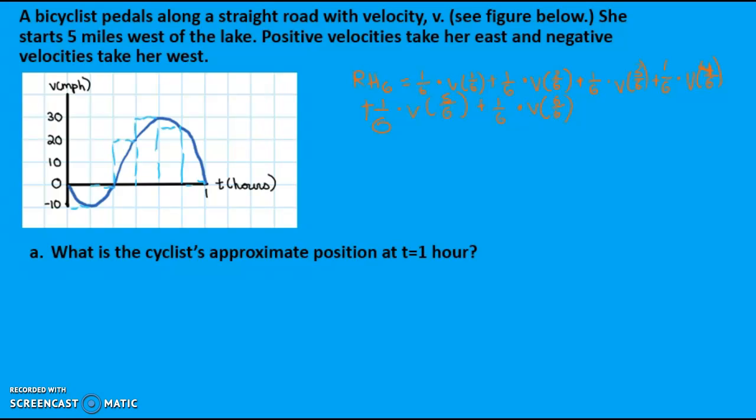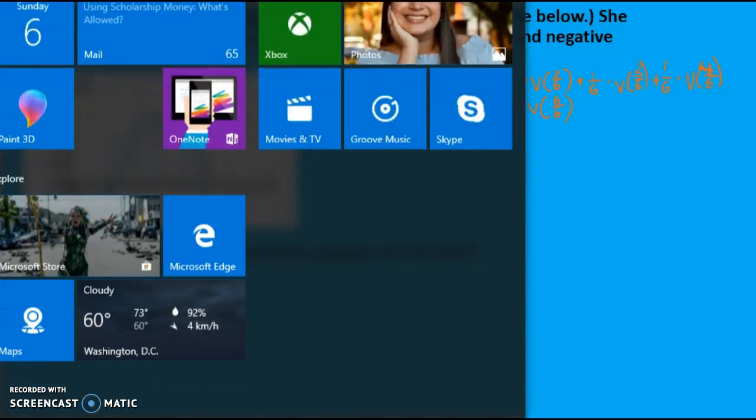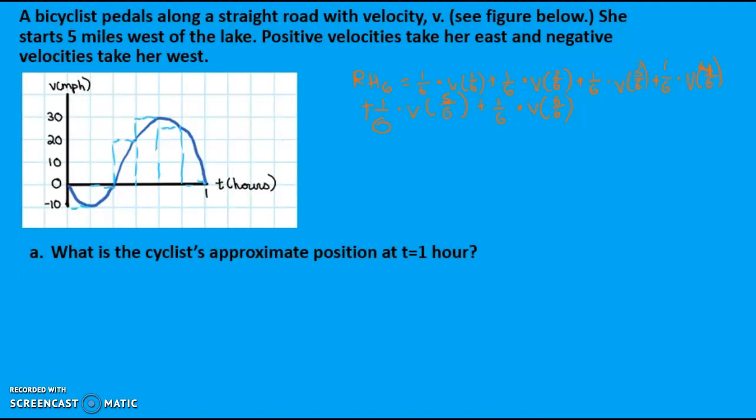Now that we've done that, we can go ahead and write in the height of each of these rectangles to get our estimate. So right hand equals 1/6 times, now we need the height of 1/6.